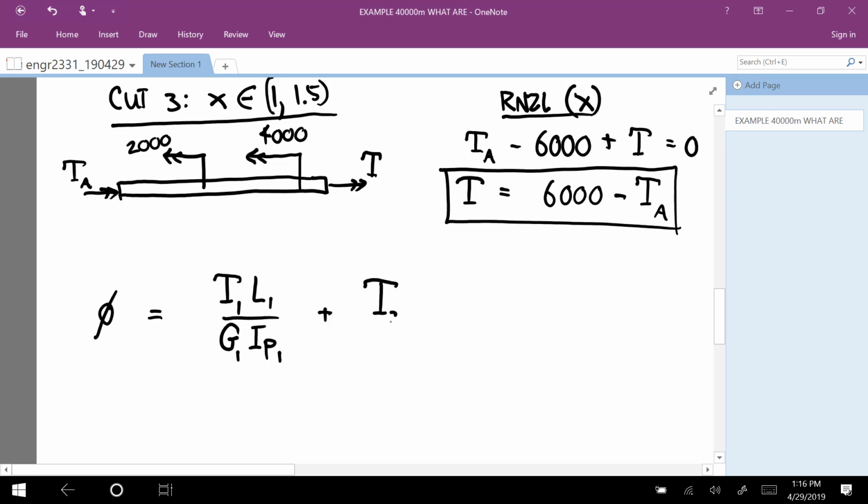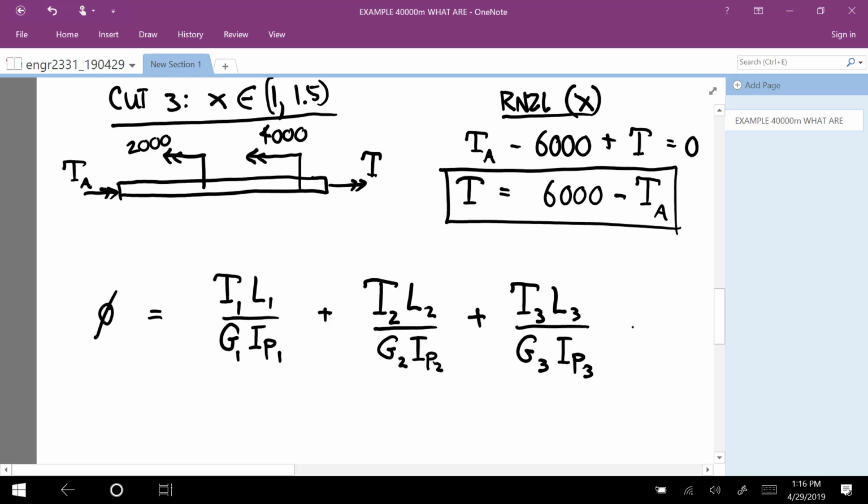Then add that to the angle of twist in the second 0.5 meters: torque 2 L2 over G2 I sub P2. And then add that to the angle of twist from the third piece, torque 3 times L3 over G3 times I sub P3.